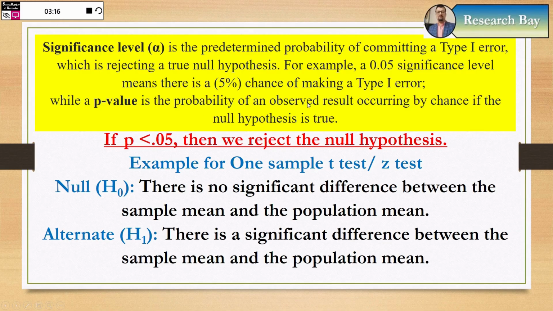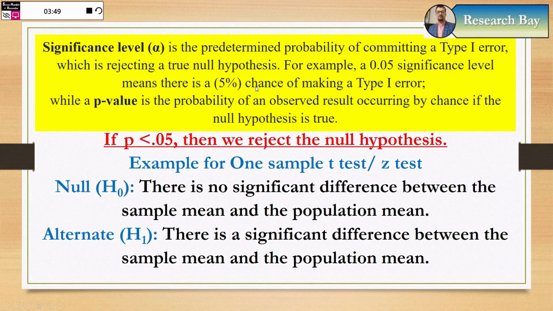While a p-value is the probability of an observed result occurring by chance if the null hypothesis is true. So, if the p-value is less than 0.05, that is the significance level which we set, in that case, we reject the null hypothesis and go with the alternate statement. So, p stands for probability of an observed result occurring by chance if the null hypothesis is true.